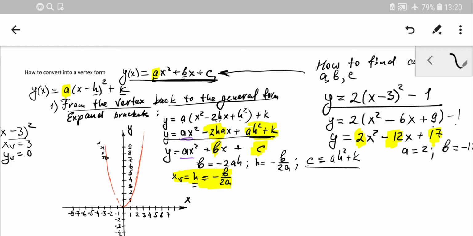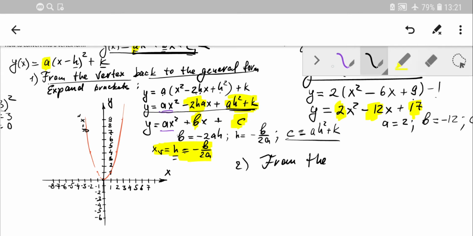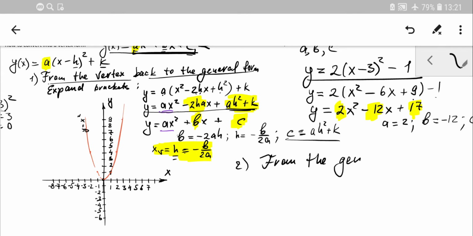Now, how to get from the general form to the vertex form?